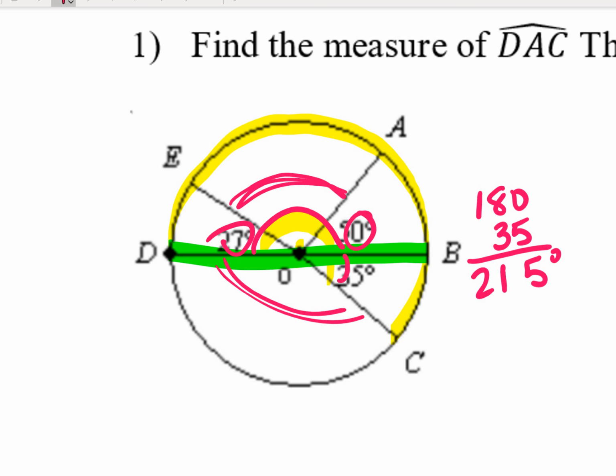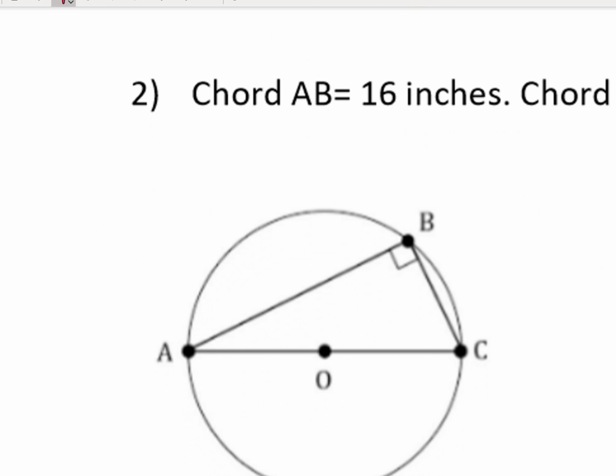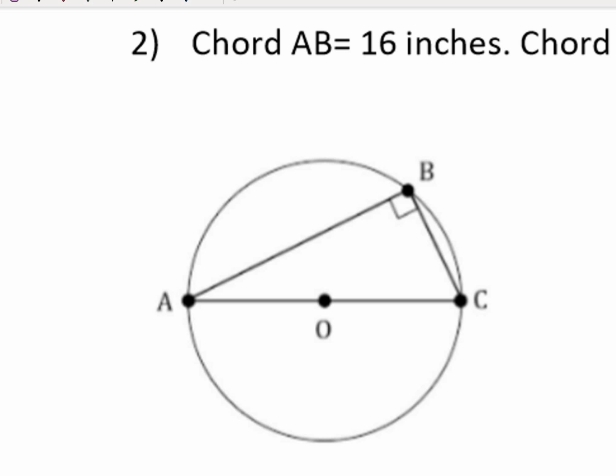All right, number 2, we are looking at this chord. It says the chord is 16 inches for AB. Remember, a chord is a line segment that goes through a circle and hits it at 2 places. So a chord AB is 16.